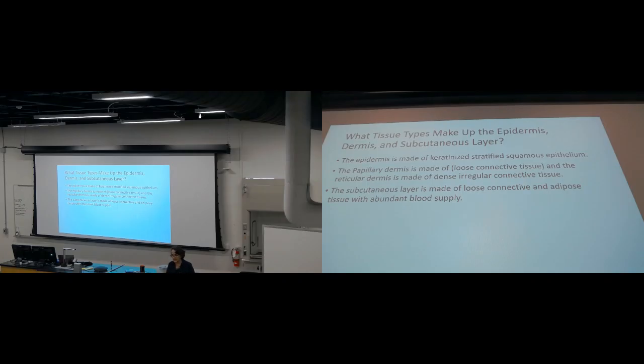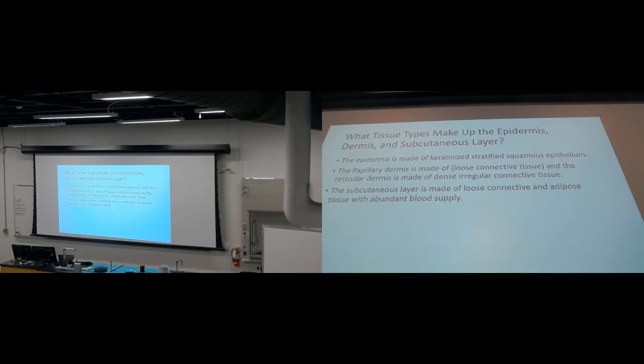Rete, red in Spanish. And then underneath this reticular dermis, we have the subcutaneous layer, which is made out of loose connective tissue and adipose tissue. So the skin is made out of connective tissue and epithelial tissue.